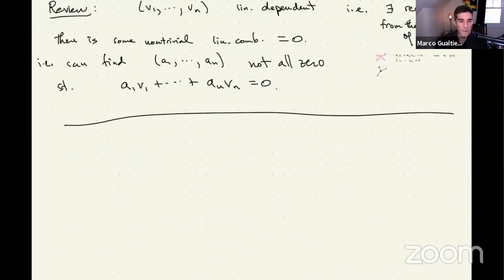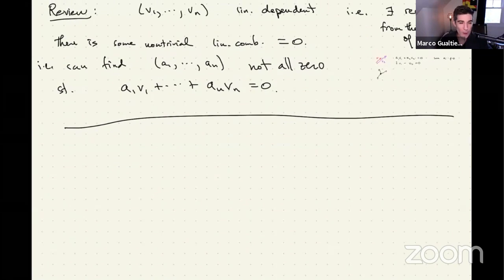Now I just want to get through an important piece of theory today before we do some more practical things. We can finally approach the idea of dimension. So the first important definition is that of a basis.